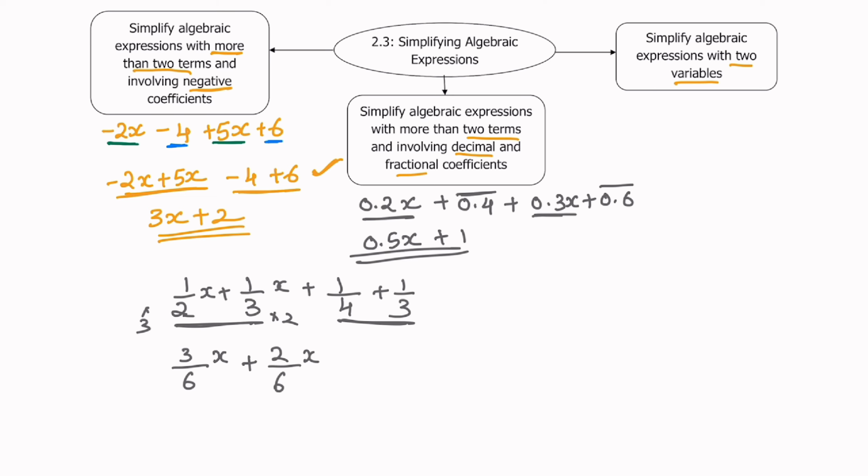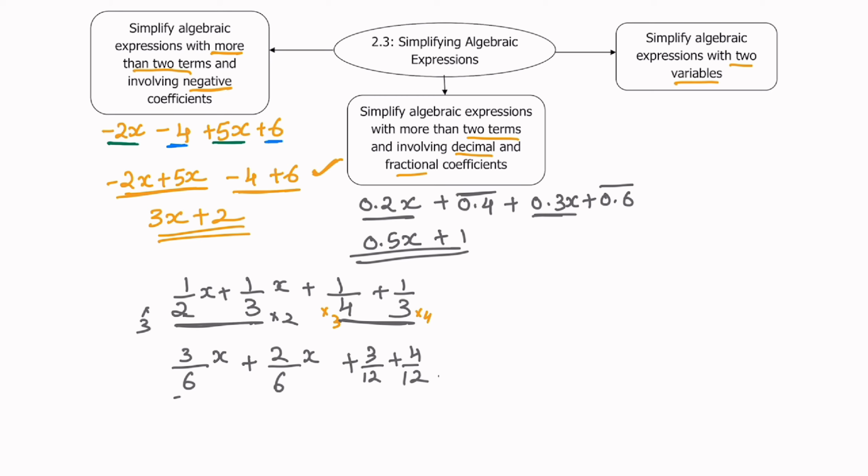So this first part is done here. Plus, now 1 by 4 and 1 by 3. The LCM is 12. So 4 to 12 requires multiplying it with 3 and this one to be multiplied with 4. So this is 3 upon 12 plus 4 upon 12.